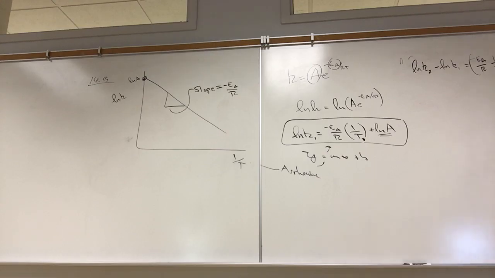Then we factor out a minus EA over R on both sides. We get minus EA over R times 1 over T2 minus 1 over T1. Using the property of logs, this is just going to equal ln of K2 over K1. And so this gives us another way.